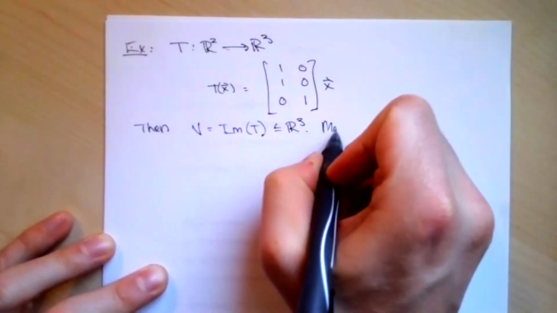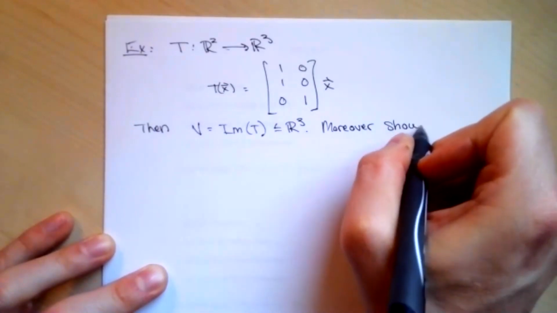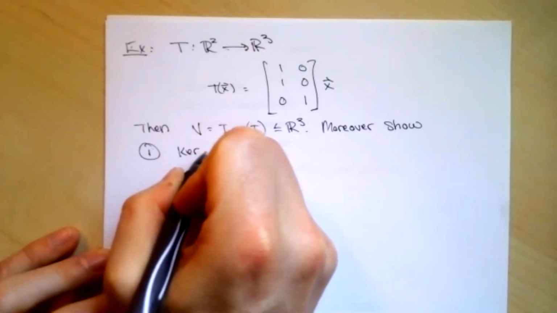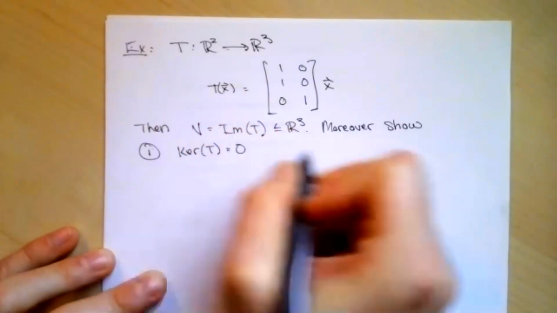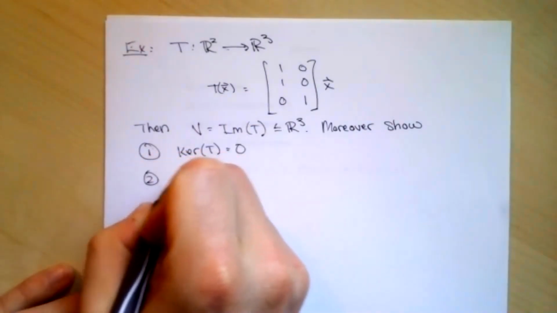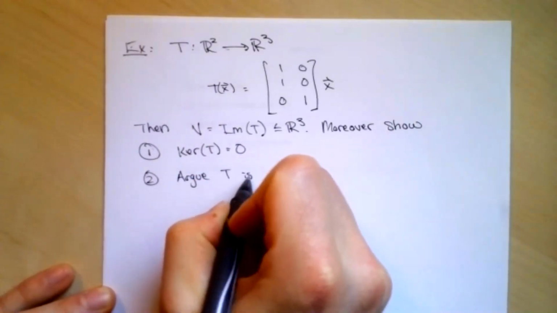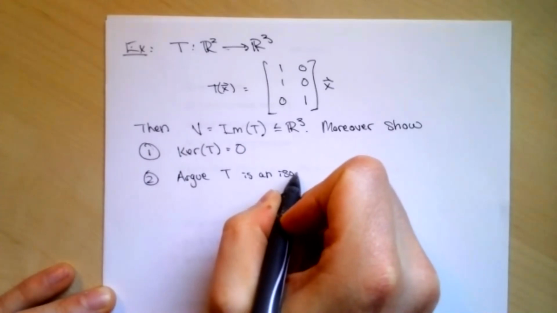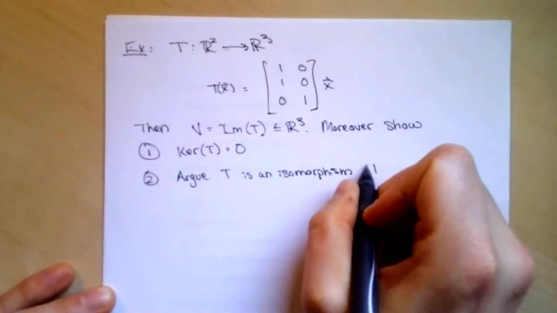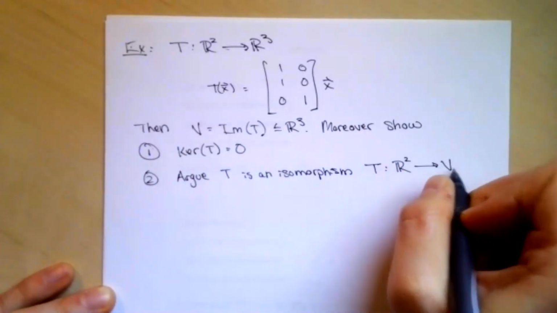Moreover, 1, show that the kernel of T is equal to 0. 2, we want to argue, or at least explain, why T is an isomorphism from R2 onto V.